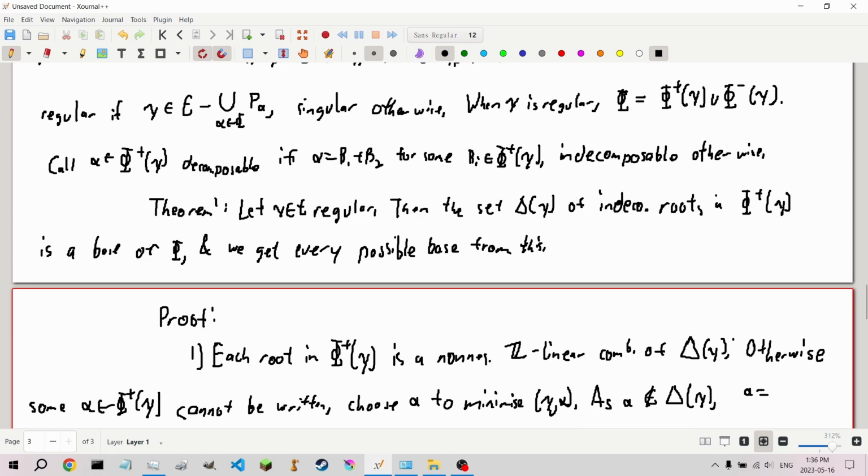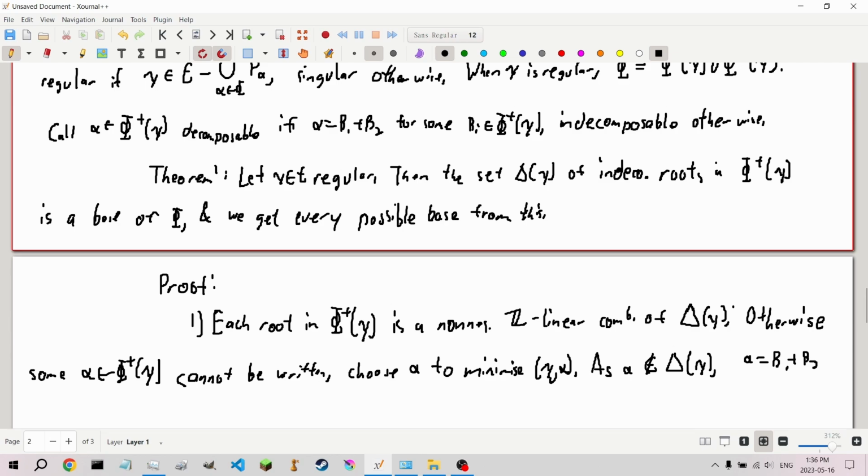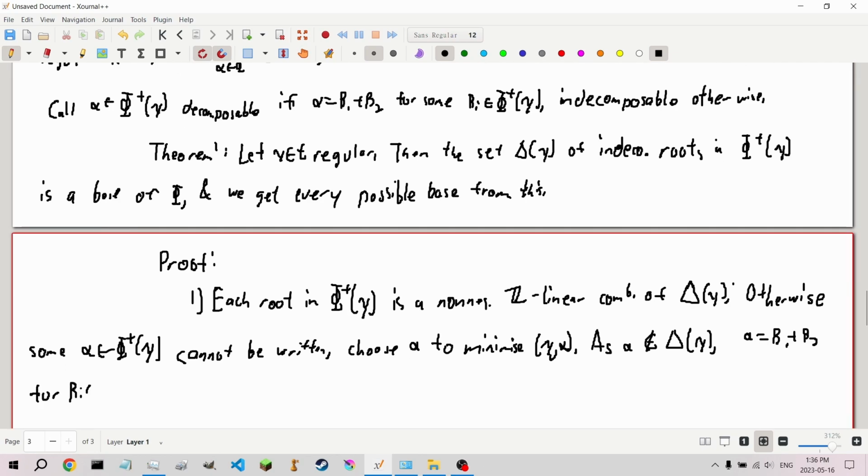We have alpha is the sum of beta 1 plus beta 2 for each of these beta i being in phi positive of gamma, so that the form of gamma and alpha is the form of gamma and beta 1 plus the form of gamma and beta 2, but each of these terms on the right is positive.